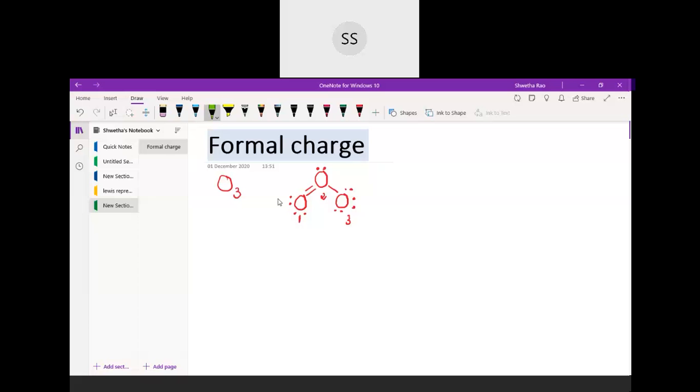Now come to the second oxygen. It should have 6 electrons in its valence shell. Here, I will number 1 and 2, because these 2 electrons are involved in bonding; then 3 and 4 are a lone pair of electrons, and the fifth is on this side, involved in sharing between the second and the third oxygen.